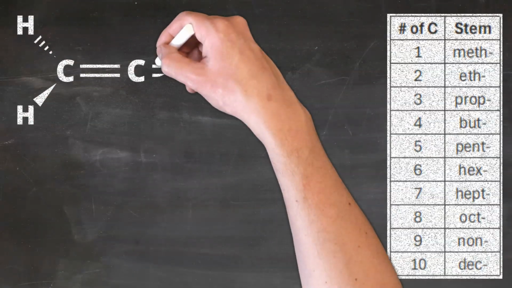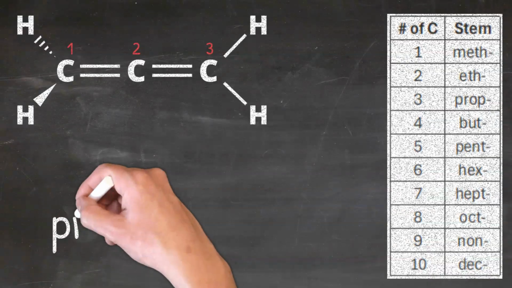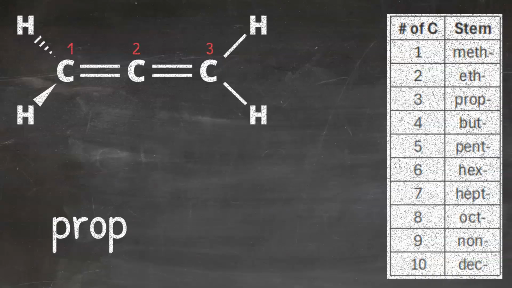In our next example, we will look at this structure that contains 3 carbons but 2 double bonds. So it doesn't really matter how we number these carbons, whether we go left to right or right to left, because the double bonds are between all of the carbons. So I'll just number this from left to right. Once I do this, I'm going to use the stem prop because I have 3 carbons present.